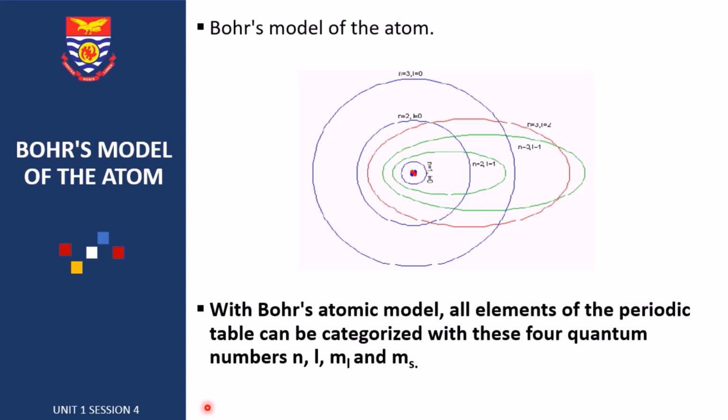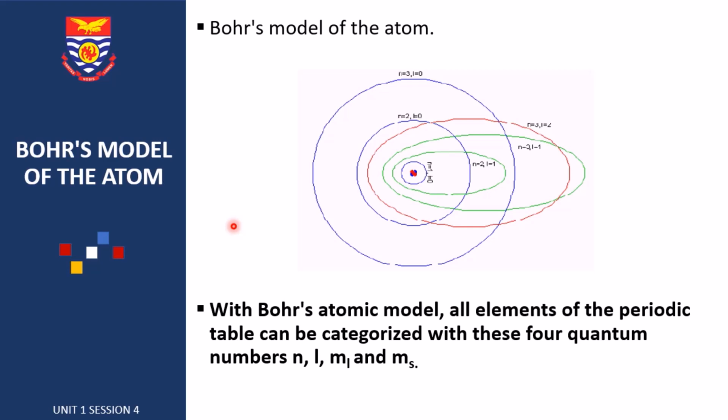The first one is n, the small letter n, which represents the principal quantum number, and it could be represented by the letters K, L, M, and N, starting from the shell that is closest to the nucleus.